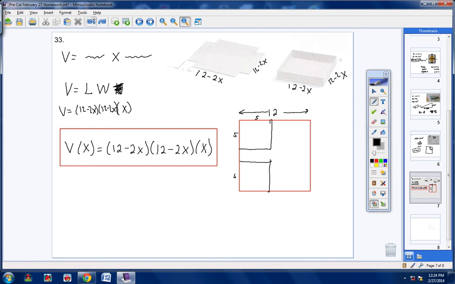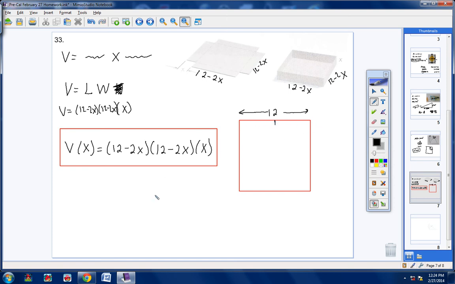They're asking you what x, the domain, can or cannot be. And I'm telling you right now, x is what you're cutting away. Look right here. Since you can't go past 6, if you cut away more than 6, you're cutting the whole thing away.